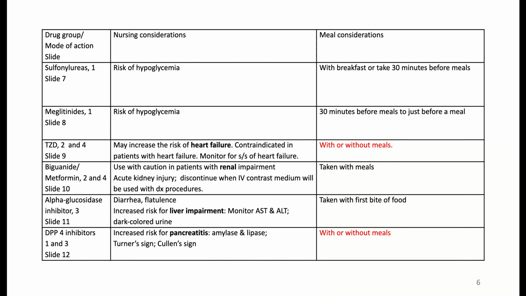And because the mode of action of these drugs is to release insulin, the risk of hypoglycemia is always present. The next slides will go into more detail about each class of drug.